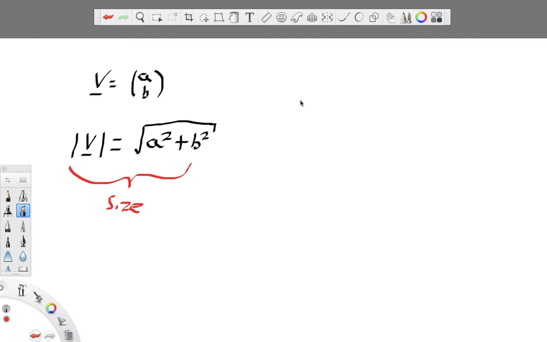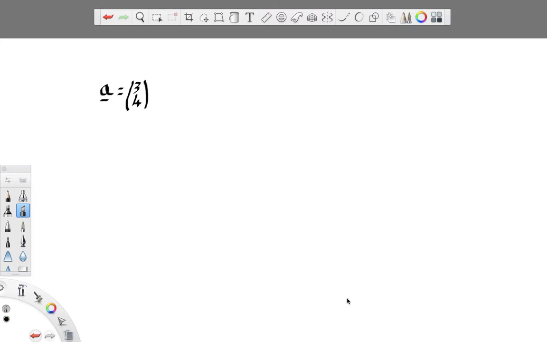So now we're going to have a look at calculating the magnitude of some vectors. Look at an example with numbers. So we've got the vector A, and that has the horizontal component 3 and the vertical component 4. So we're going to calculate the magnitude of this vector. Well, that's really easy to do. We write A, then we write these vertical lines.